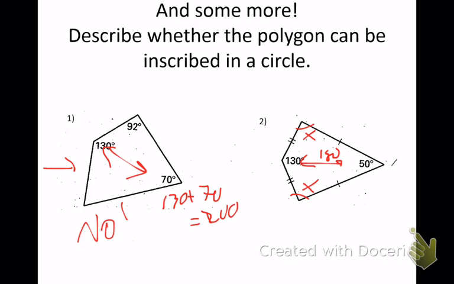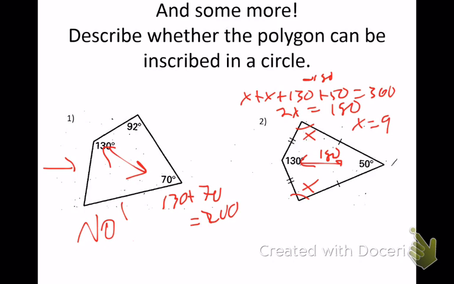And we know that in a quadrilateral, all four angles have to add to 360. So we could do 2x plus 130 plus 50 equals 360, which means that 2x plus 180 equals 360. So subtract 180 from both sides, and you get 2x equals 180, which means that each of these angles are going to be 90 degrees.